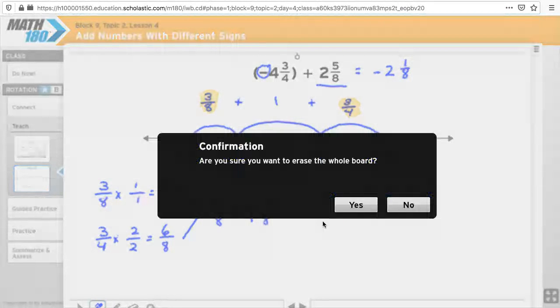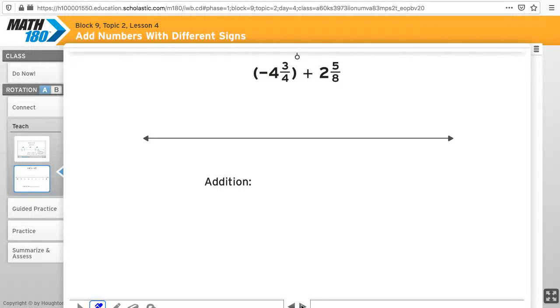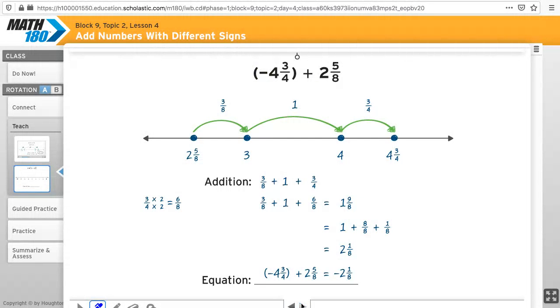Now let me erase my screen here. And we'll come over here. And you can see here's a little bit neater writing than mine, but essentially we get the same thing. We converted, we did our jumps. We got 3/8, we got 1 and 3/4. We converted to like denominators.